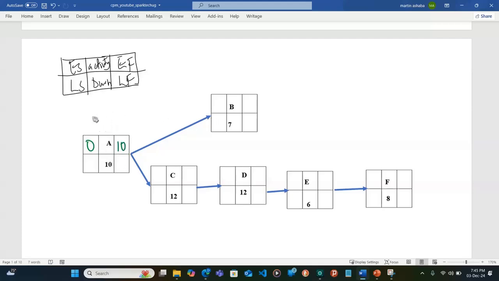So what we are going to use here is a forward pass and a backward pass. So in the forward pass, we determine the earliest start time and the earliest finish time.